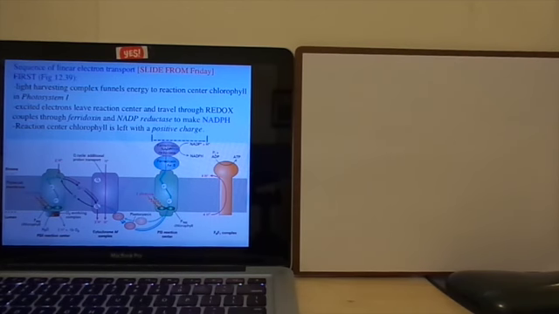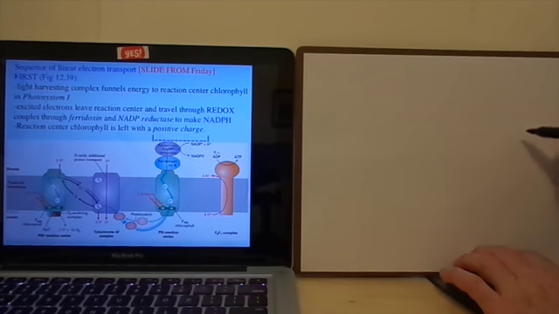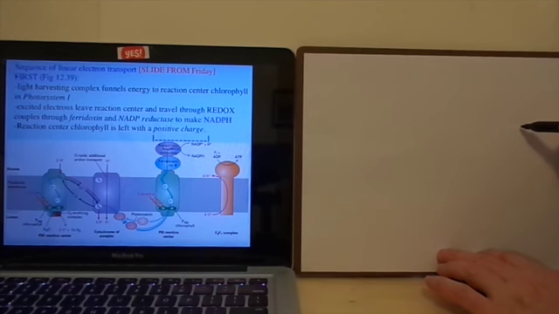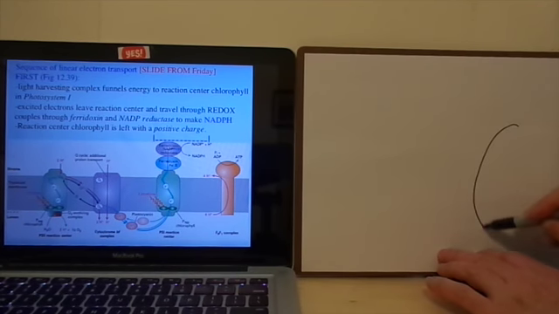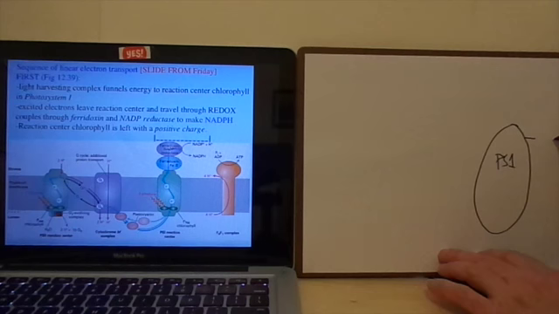So if we sketch this out to pick up where we left off before, I'm going to get the cell in here, or the thylakoid network, and it looks like this. So this is going to be photosystem 1, right? And here's our bilayer.